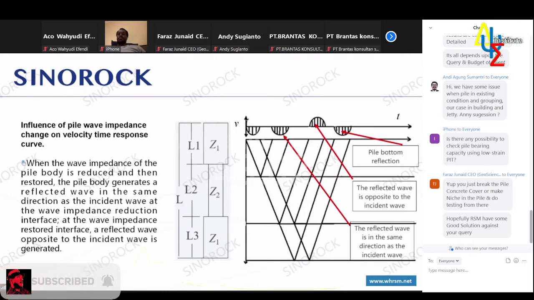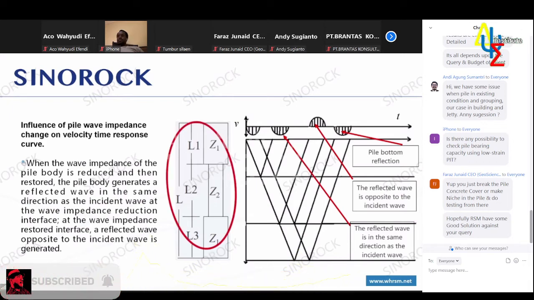We have just seen some situations in which the wave impedance decreases and increases in practice. In the actual inspection site, it is impossible to reduce the diameter to the bottom or expand the diameter to the bottom, and there are often reductions in the middle.